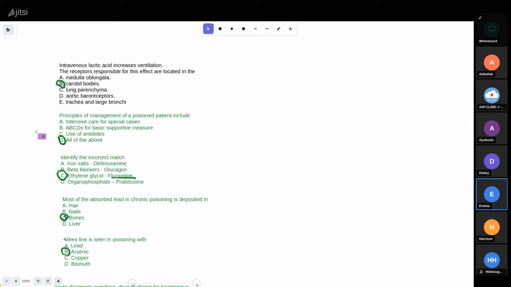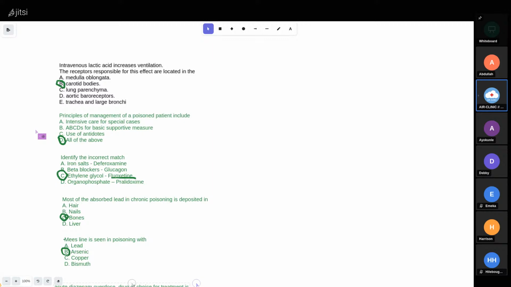Dimercaprol. Yes, dimercaprol. Succimer or DMSA is also there, or penicillamine. Methemoglobinemia. Methylene blue. Yes, methylene blue.